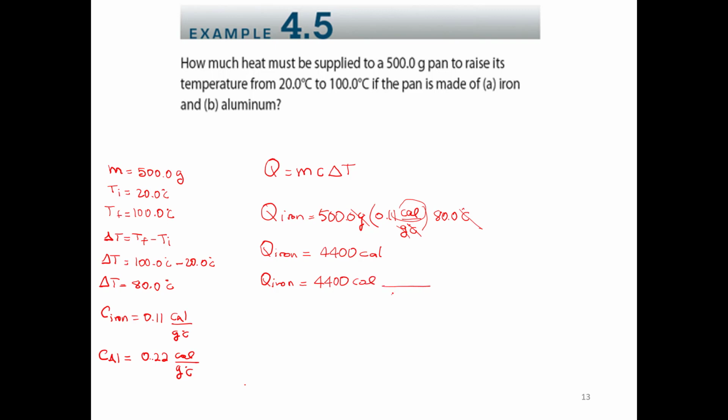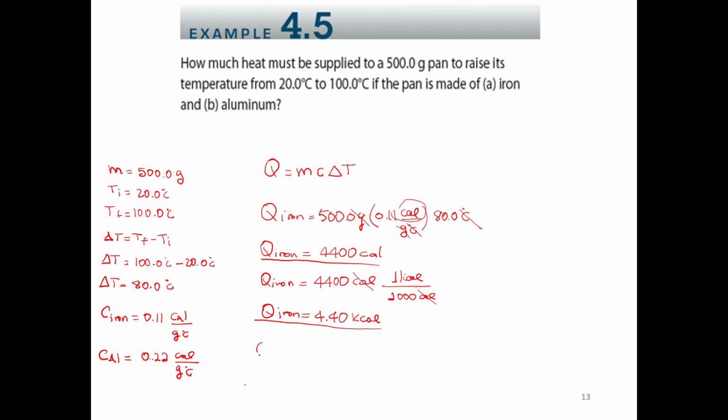We know one kilocalorie equals 1,000 calories, and this cancels out. We divide by 1,000, then we have 4.40, with 3 significant digits, kilocalories. Then the answer can be this or this.